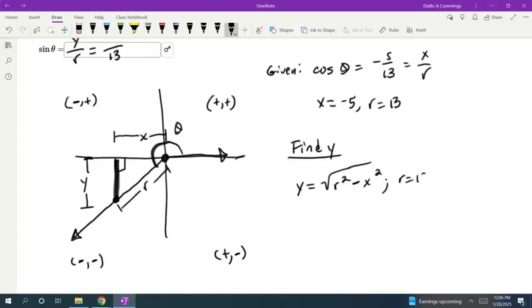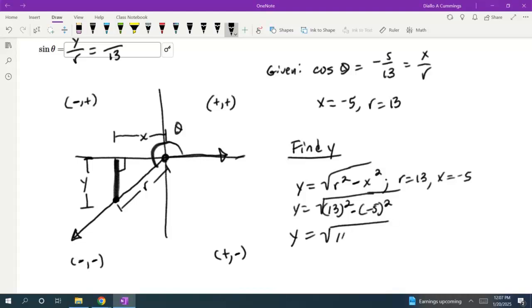I'm going to substitute r for 13 and x for -5. So that's 13 squared minus -5 squared, which is 169 minus 25, which is the square root of 144, which is 12.